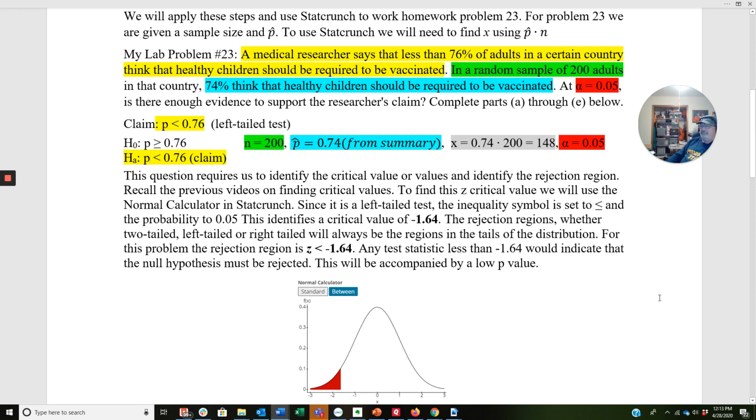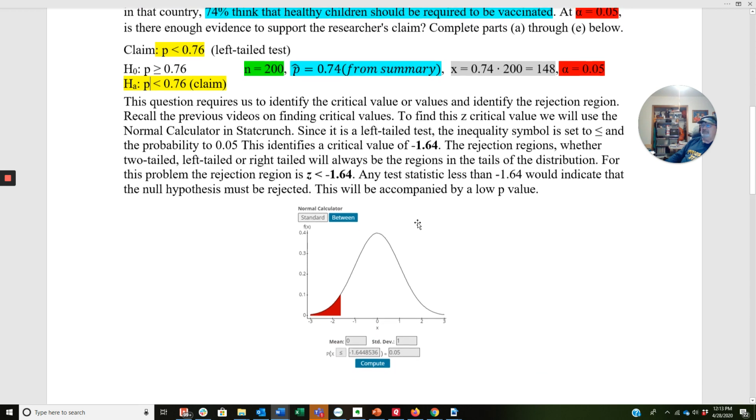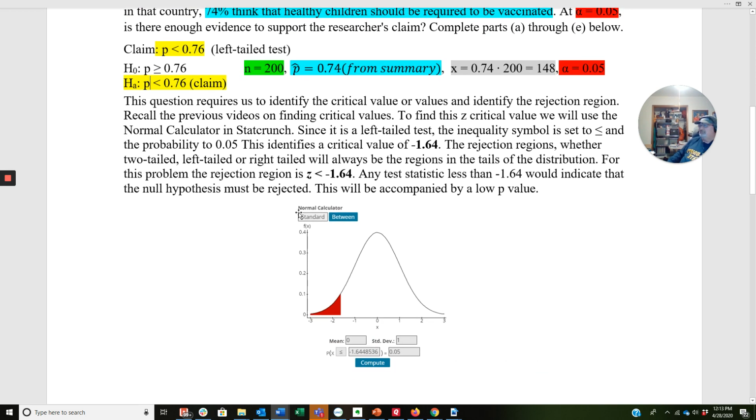Since this is a left-tailed test, the inequality symbol is set to less than or equal to, and the probability is set to 0.05. This identifies a critical value of negative 1.64. The rejection regions, whether two-tailed, left-tailed, or right-tailed, will always be the regions in the tails of the distribution. For this problem, that probably should be distribution.